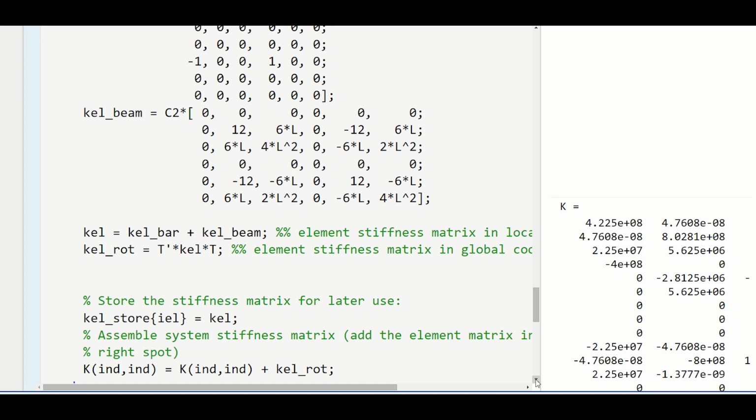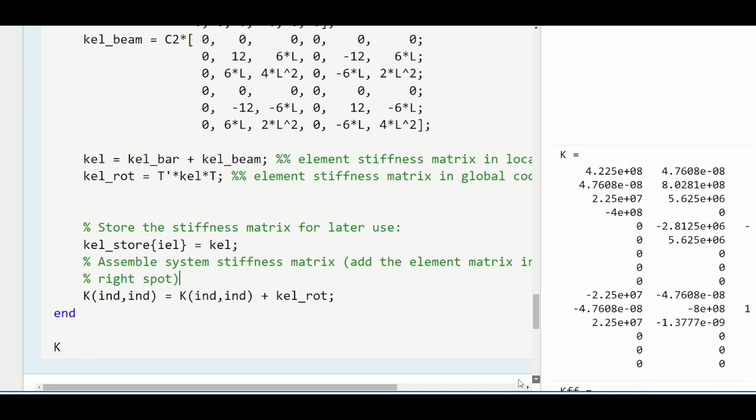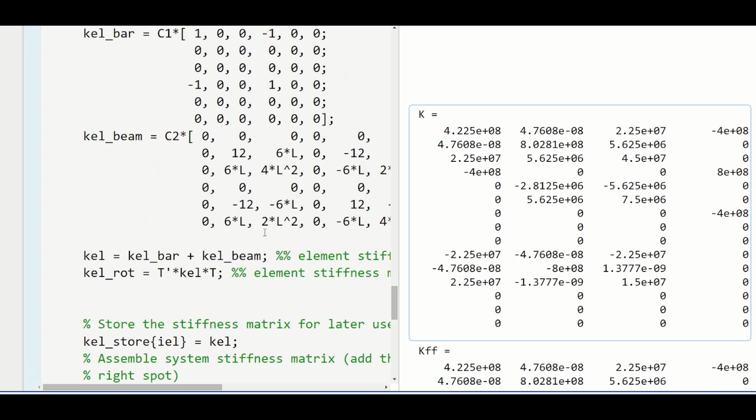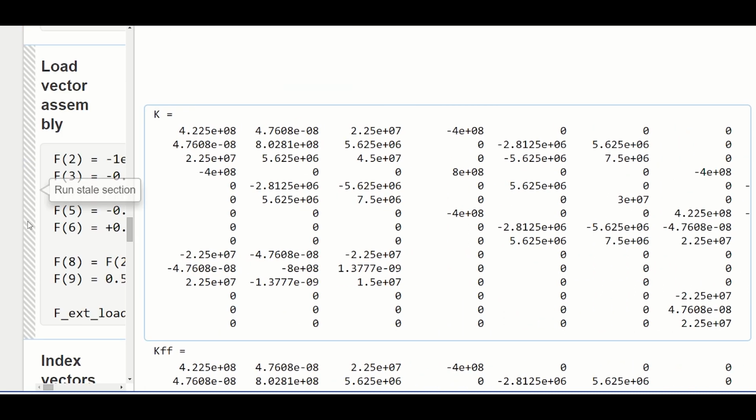And then you basically sum up and top up all the values, and then afterwards you can get the stiffness matrix. Look like that.